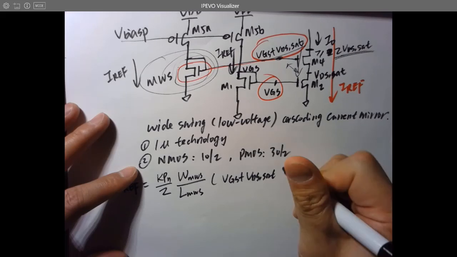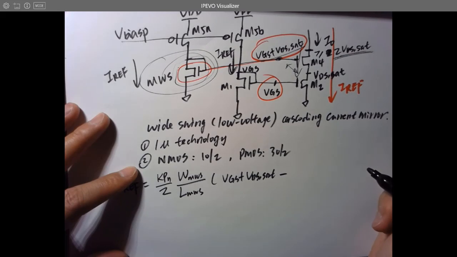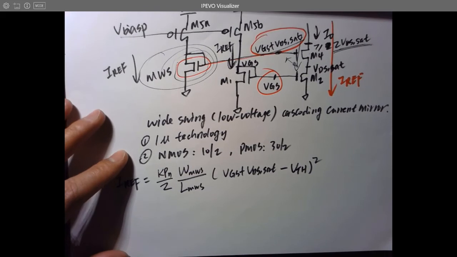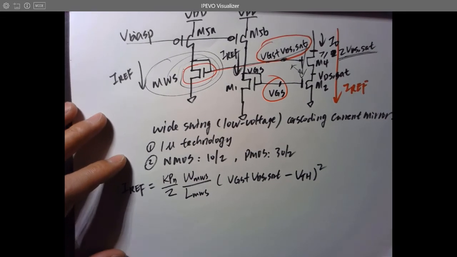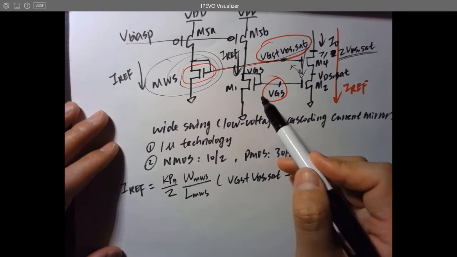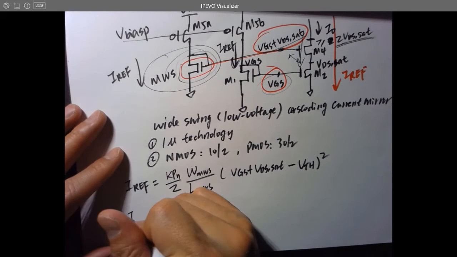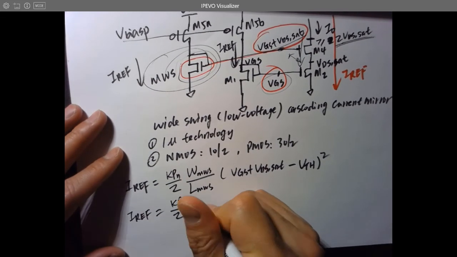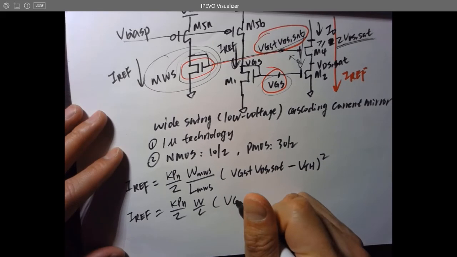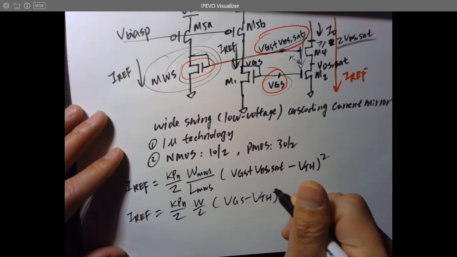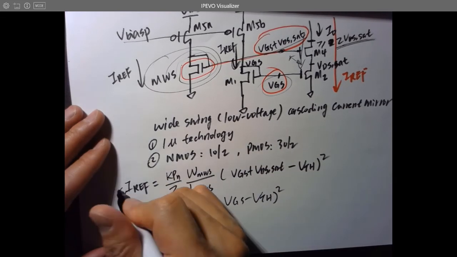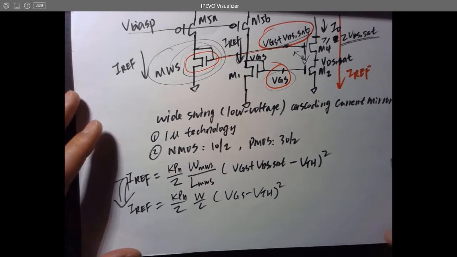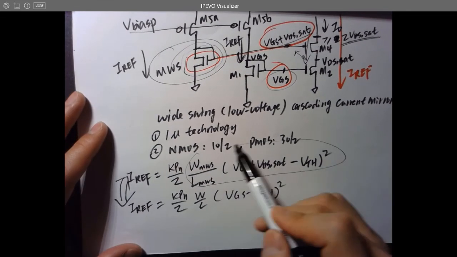So that's VGS minus what? Minus VTH, squared, right? So if you compare this to the original current, which is IREF equals KPN over 2, and this is VGS minus VTH, we must find the relationship between this part and this part.